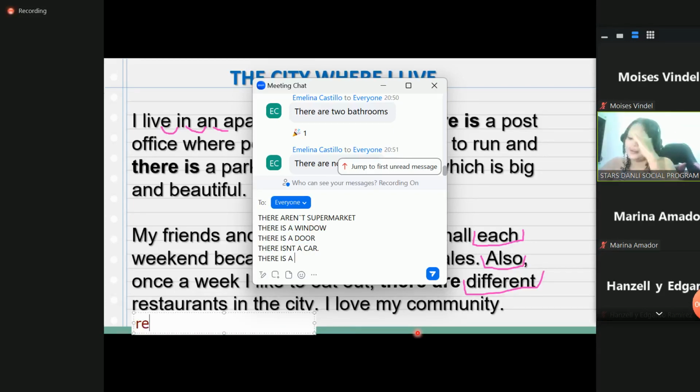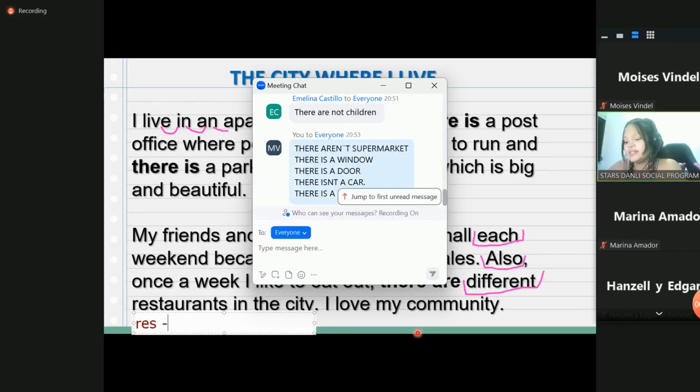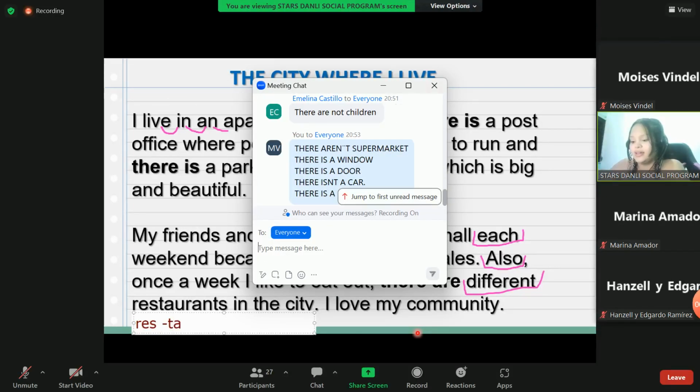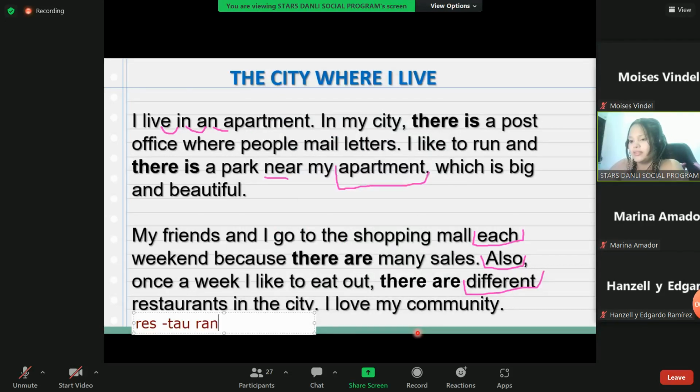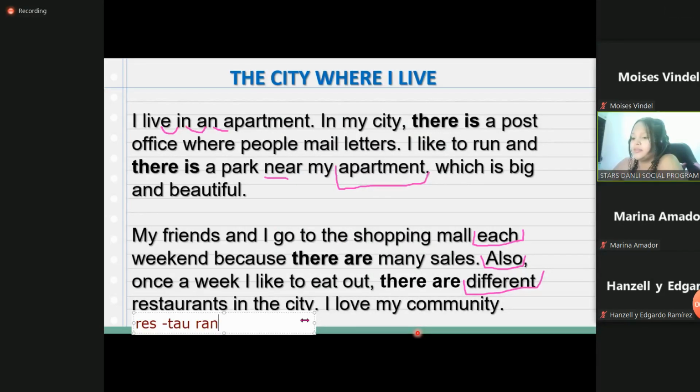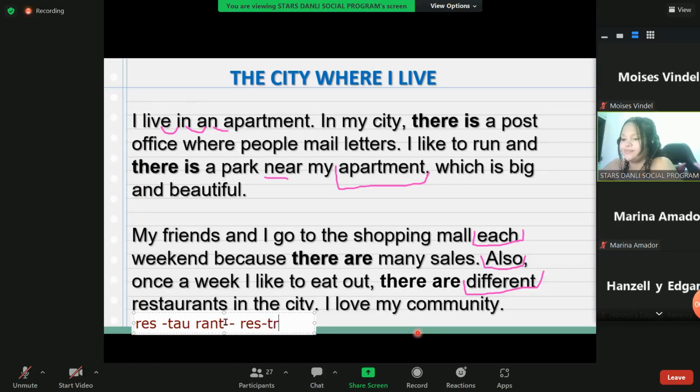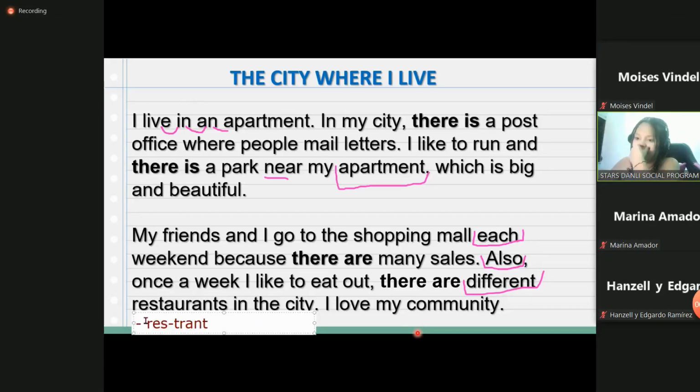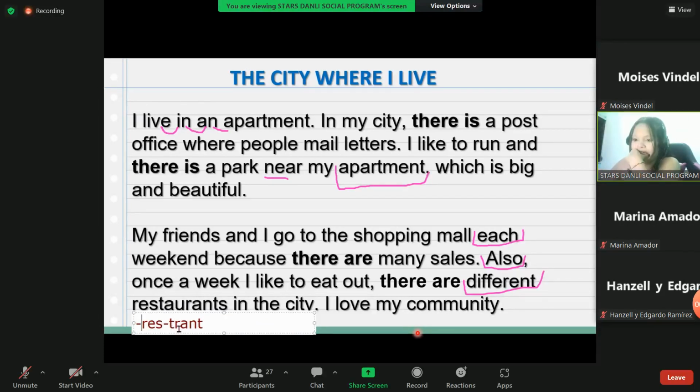Nos enseñaron a pronunciar, de hecho, todo. Entonces, rest. Nos enseñaron a pronunciar que eran 3 sílabas, ¿ok? Restaurant, pero solamente son 2. Entonces la pronunciación correcta es literal así. Usted solo debe pronunciar 2. Se dice restaurant, restaurant, restaurant.